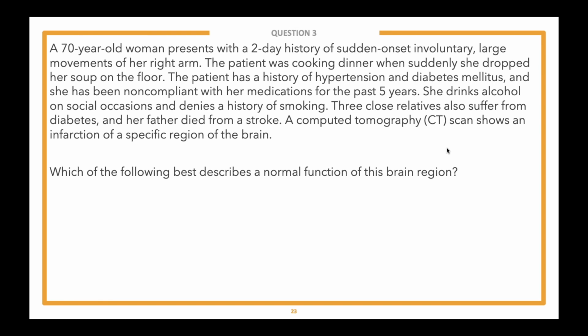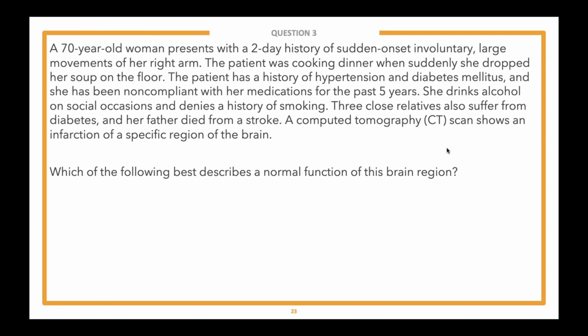A 70-year-old woman presents with a 2-day history of sudden onset involuntary large movements of her right arm. The patient was cooking dinner when suddenly she dropped her soup on the floor. The patient has a history of hypertension and diabetes mellitus, and she has been non-compliant with her medications for the past 5 years.